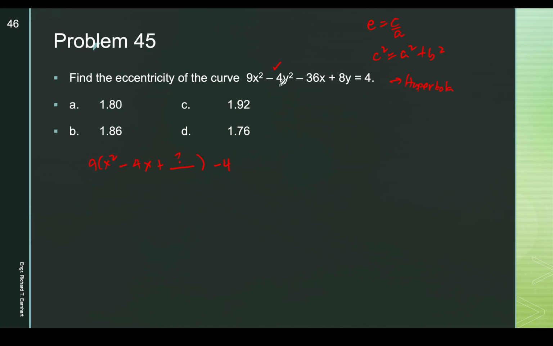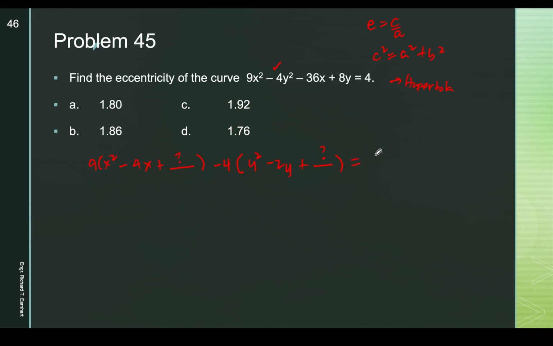And then for negative 4y squared, factor out negative 4, we get y squared here, negative 2y. So negative 4 times negative 2y will be positive 8y. Then we look for the third term here.